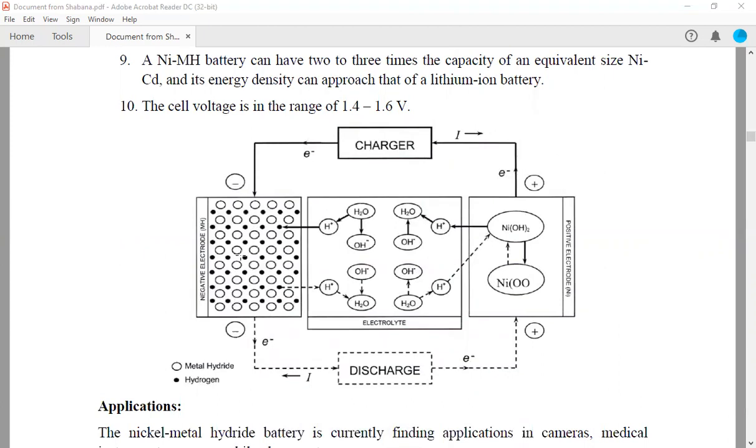This is the negative electrode, metal hydride, and this is the positive electrode, nickel oxide hydroxide. The metal hydride is connected to the negative terminal of the battery, and the nickel oxide hydroxide is connected to the positive terminal. And the electrons liberated at the negative electrode go into the cathode.